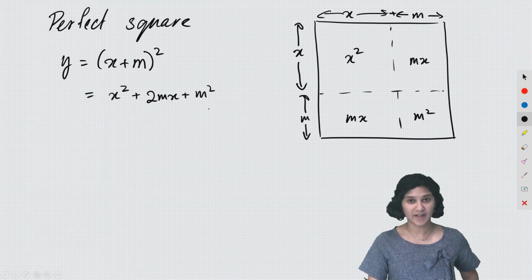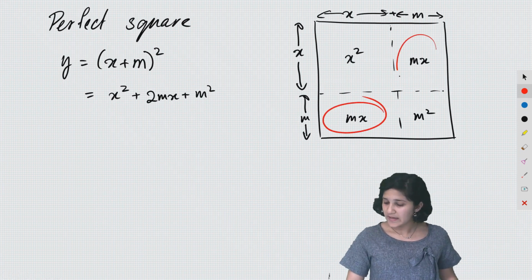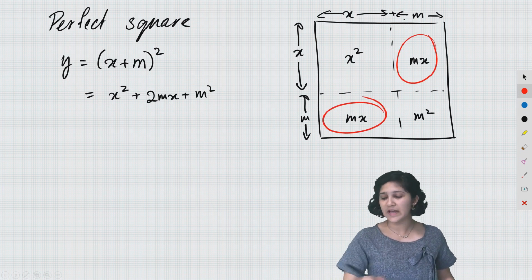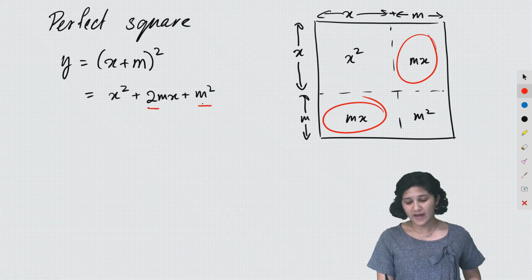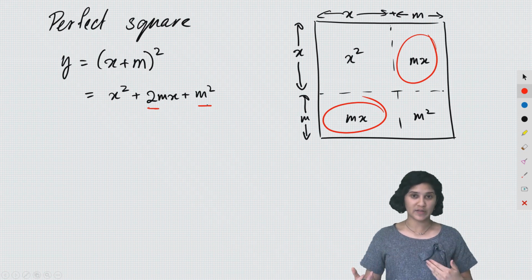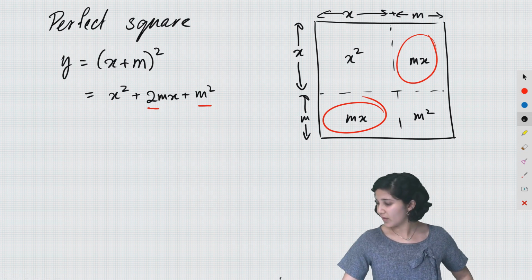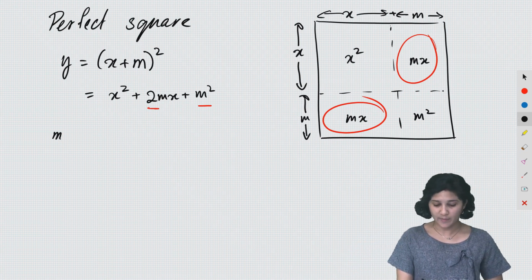m squared. So the special thing about the perfect square is that these two pieces are exactly the same size, mx. So we have 2mx and m squared. That's what we need to look out for to do perfect square factorization. So let's take the example where m equals 3.